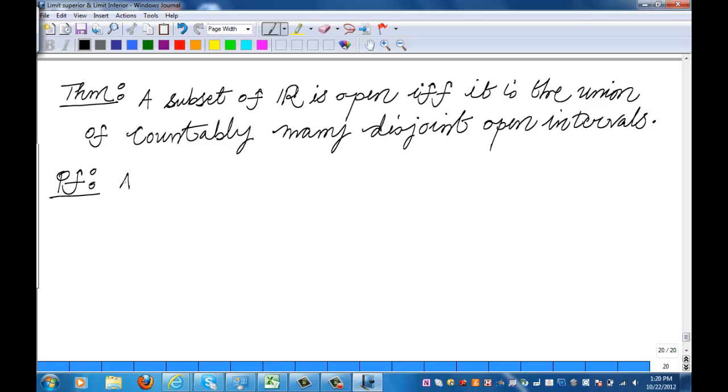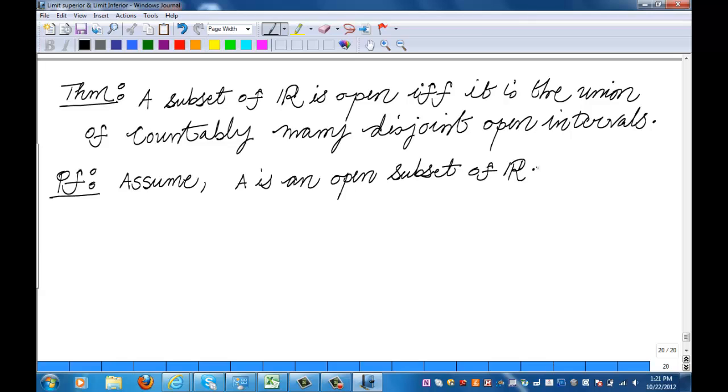So let's assume that A is an open subset of R. Now I have to come up with disjoint open intervals, right?